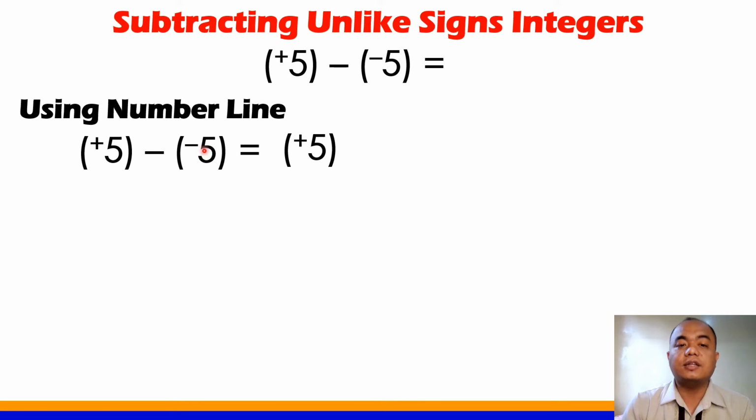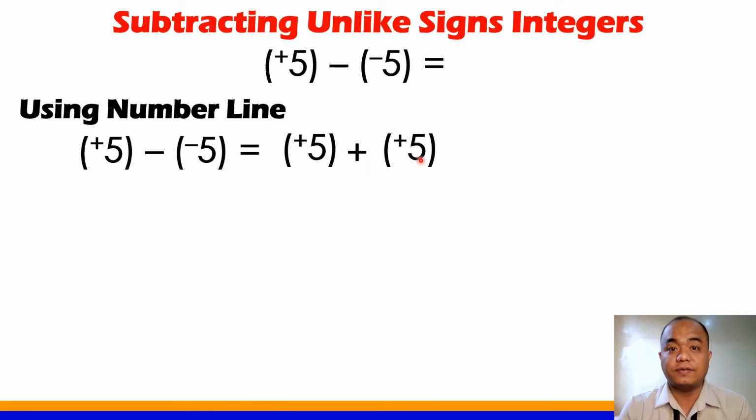And then i-change natin ito class into positive. Okay, and then we will proceed to addition. Yung positive 5 minus negative 5 ay equal lang class or pareho lang sa positive 5 plus positive 5. Mas madali kasi i-plot yung mga integers class sa number line kapag addition na ang operation. Okay? So, gagamitin natin ito class ito.